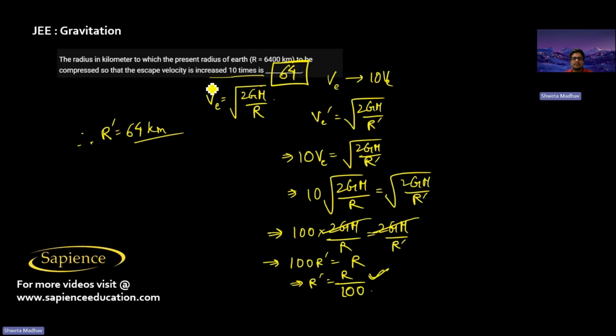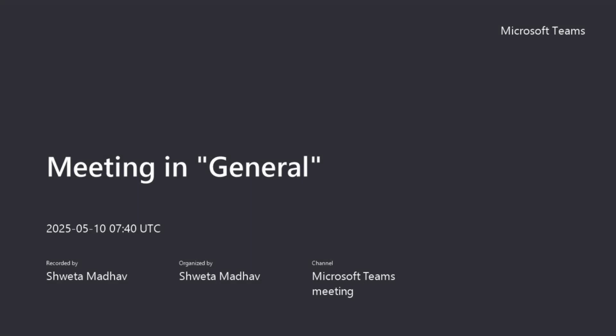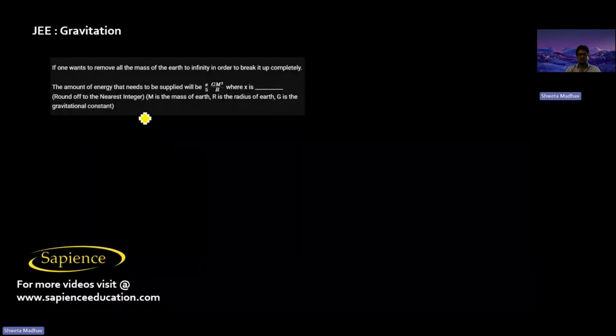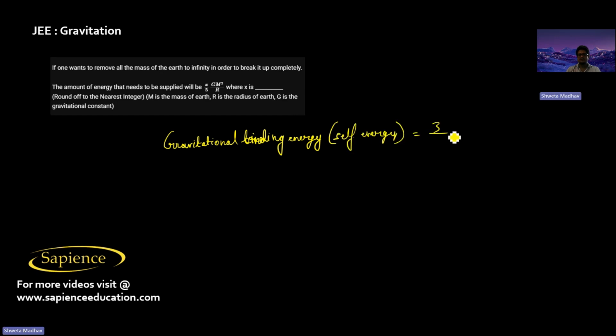Then here it is told, if one wants to remove all the mass of the Earth to infinity in order to break it up completely, the amount of energy that we should supply will be x by 5 GM square by R. Now you know that the gravitational binding energy, also called the gravitational self energy, of a solid sphere is given as minus 3 by 5 GM square by R. So this much positive energy would be required to remove all the mass of the Earth to infinity.